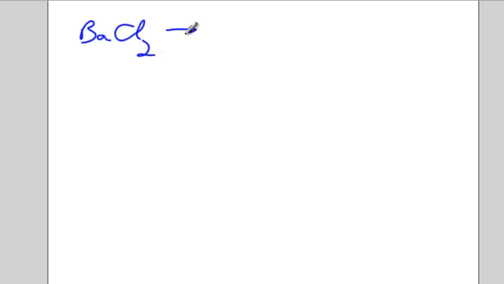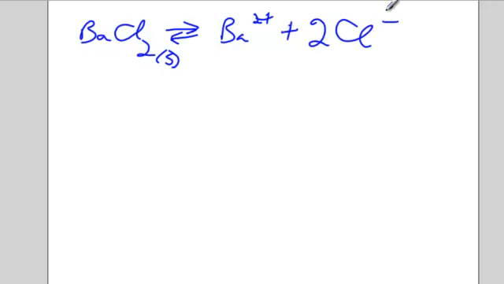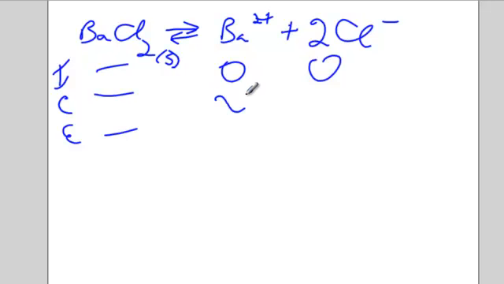So if I have something like BaCl2, that one would be in equilibrium with Ba2+ and 2Cl-. And when I do my ice box, we don't care about the solid, but remember, this guy is x, this guy is 2x.